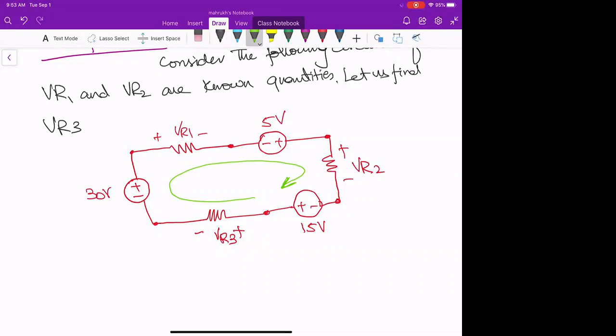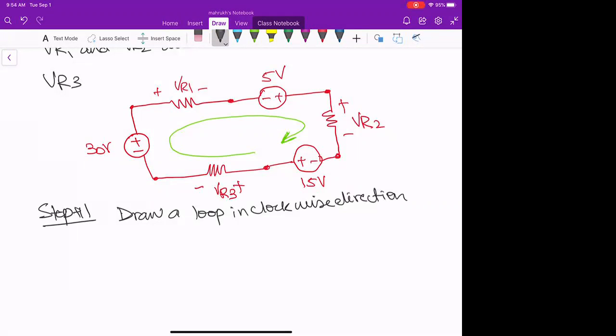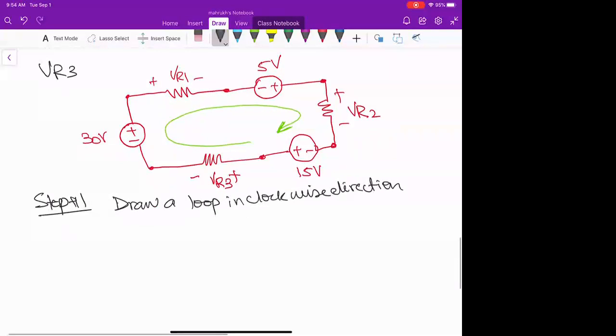So it will make it easy to understand. What does this loop suggest?